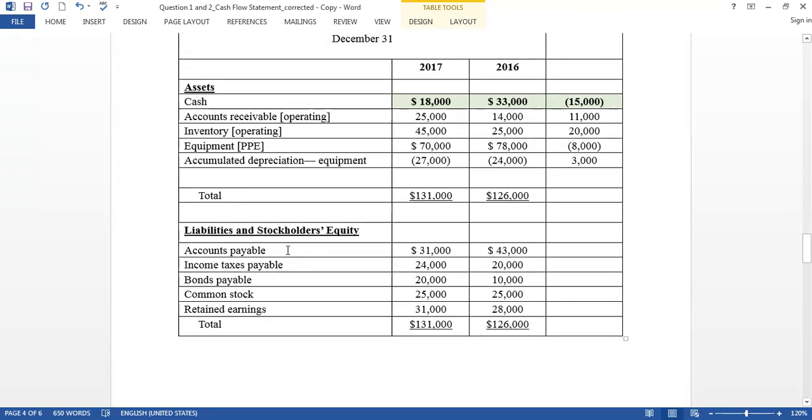Now, accounts payable is current liability, so operating. Income tax payable, operating. Bonds payable, financing.